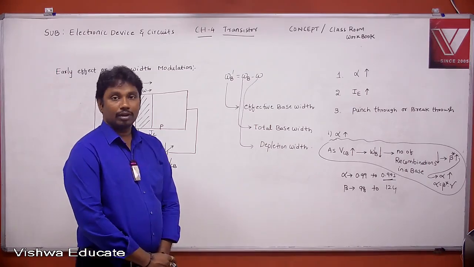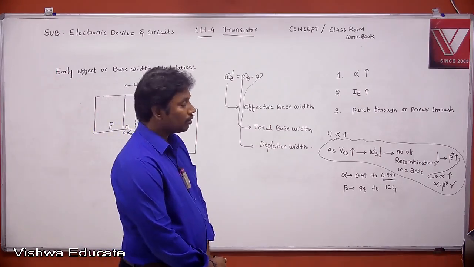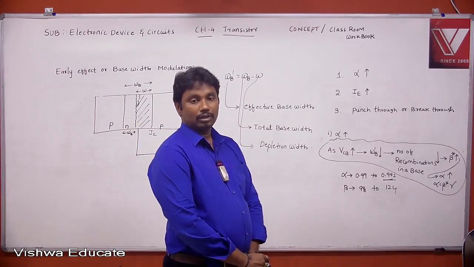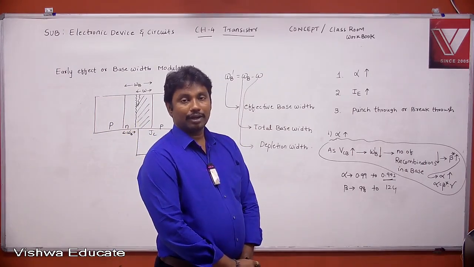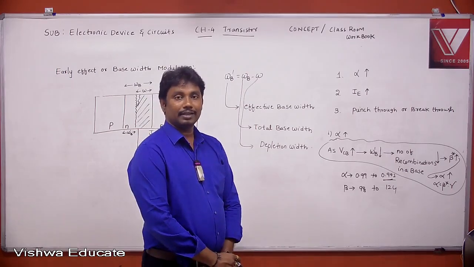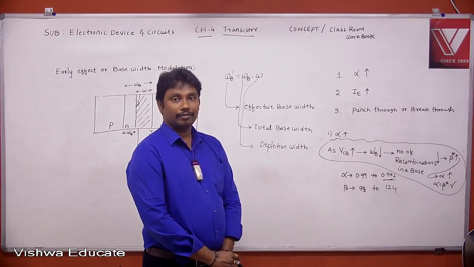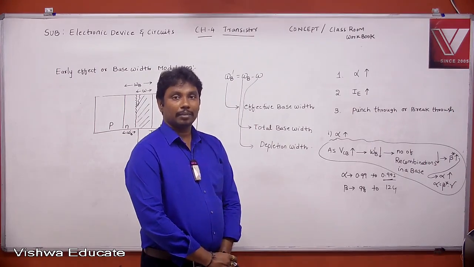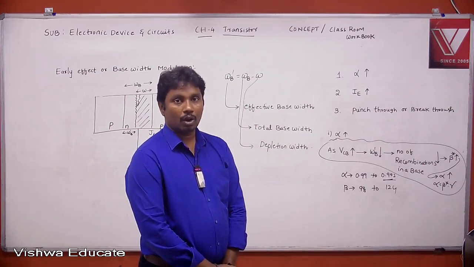Write down: the increasing alpha due to the early effect is a small value, but it produces a large beta.